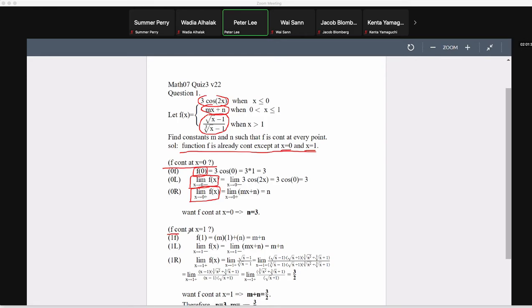And then for continuity at x equals 1, note that we take the limit as x is approaching 1 plus of f(x), and this is what we get right here. See this guy right here? We need to have the limit as x approaches 1 plus.